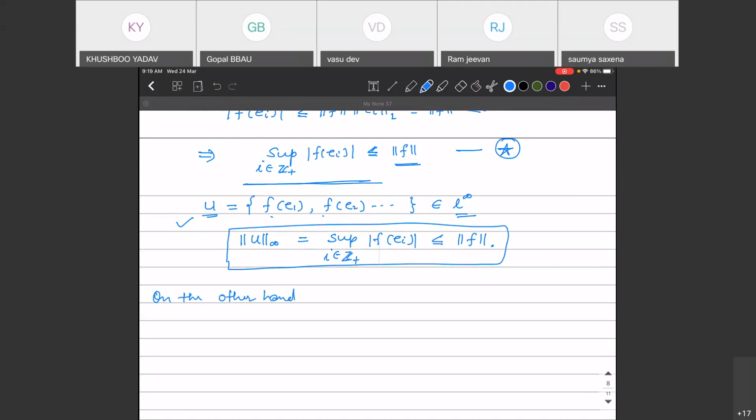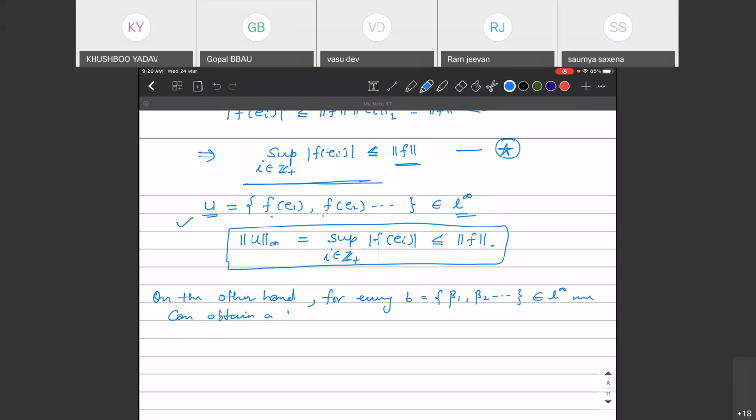Now take elements from L infinity. For every p, call it beta 1, beta 2, this is in L infinity. So we obtain a bounded linear functional.